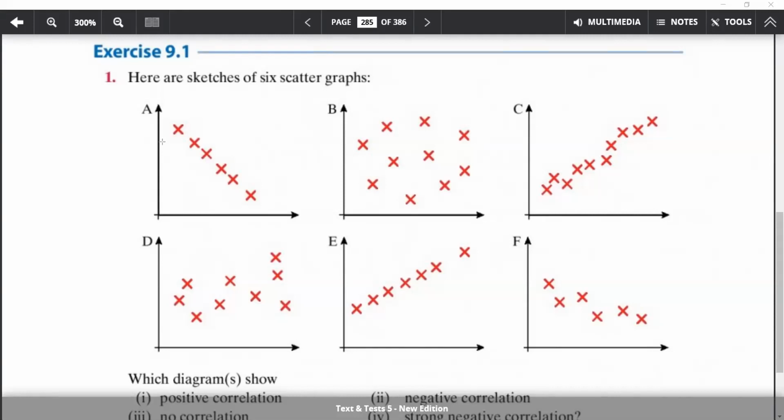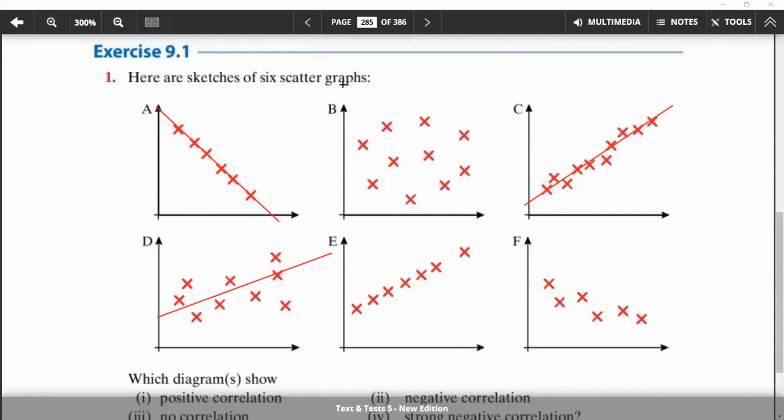So again, a lot of this section is going to be about language and using the language correctly, I suppose. If you look at diagram A here, you can see you more or less got a straight line relationship here. Okay, so that's called a strong correlation. Whereas say here in C, you've got what might be a moderate correlation, and in D you've got what might be called a weak correlation.